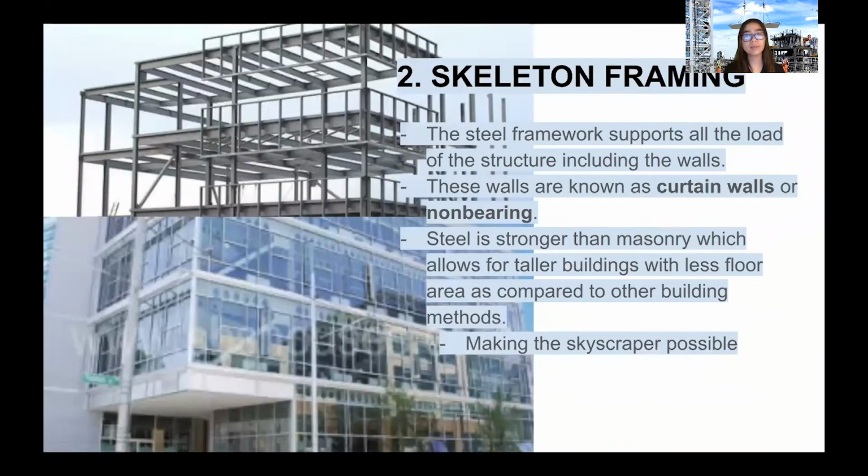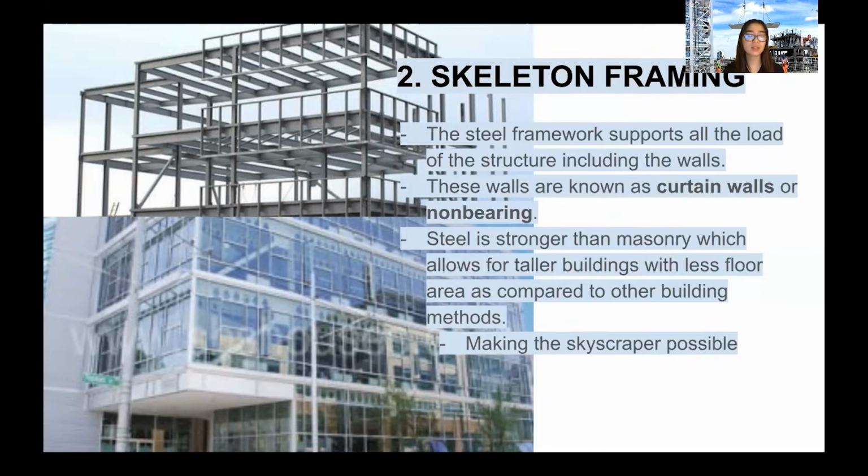The second type of structural steel framing is called skeleton framing. Skeleton framing is a steel framework that supports all the load of the structure, including the walls, so no more load-bearing walls. These walls are known as curtain walls or non-bearing.